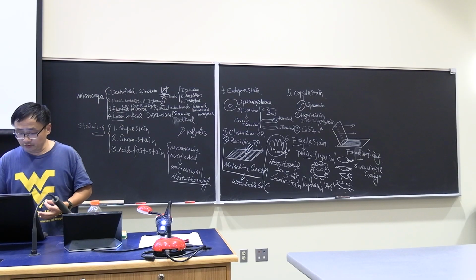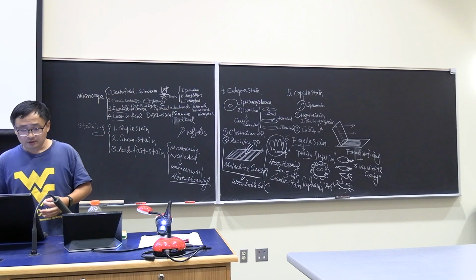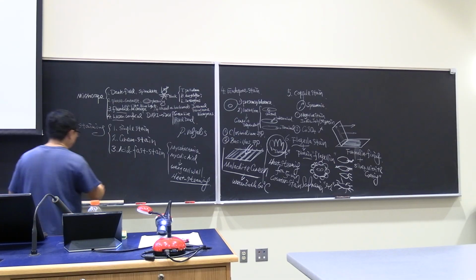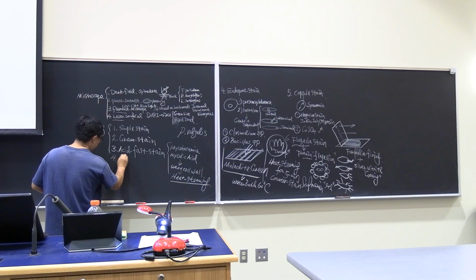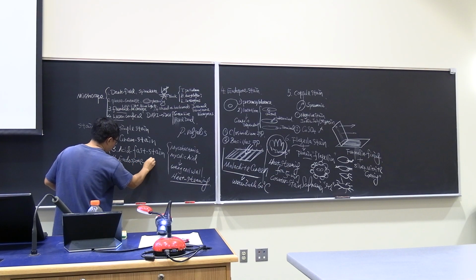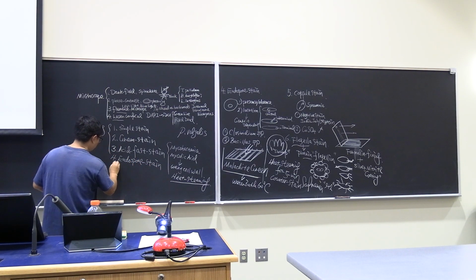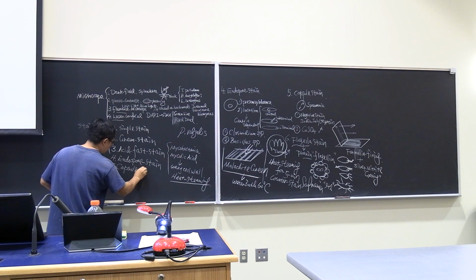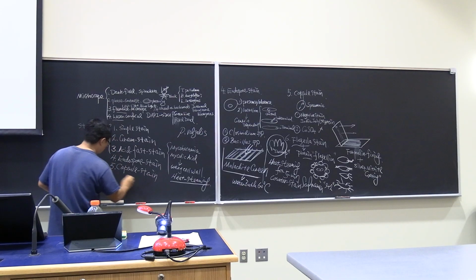Okay. So we finished talking about these staining technologies. If we add up here, we have endospore stain. Then we talked briefly about the capsule stain. And we also mentioned the flagella stain.